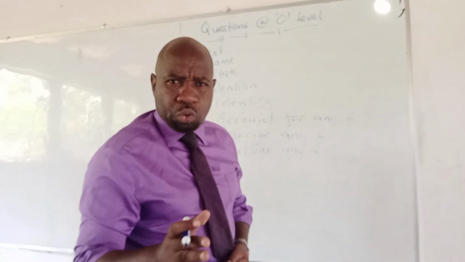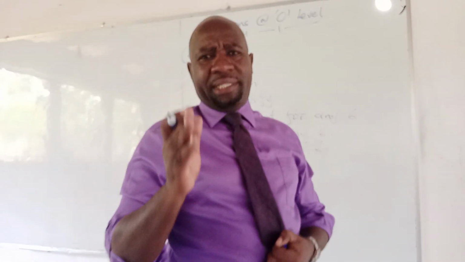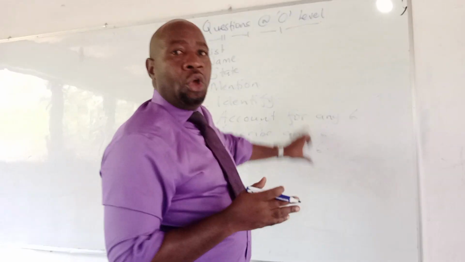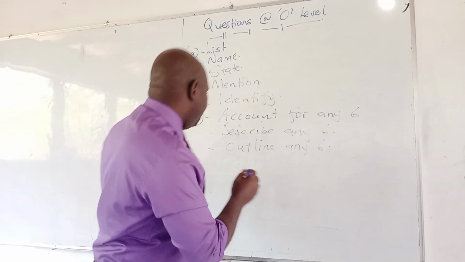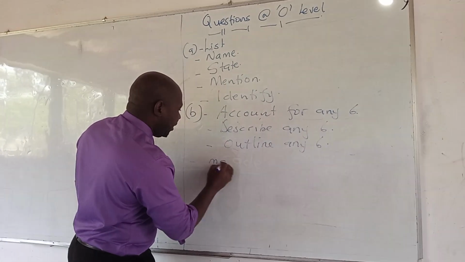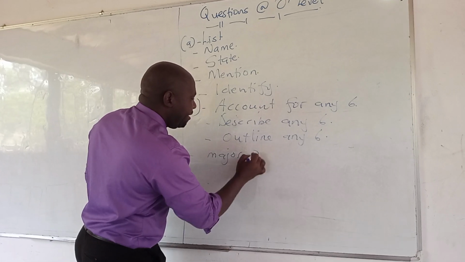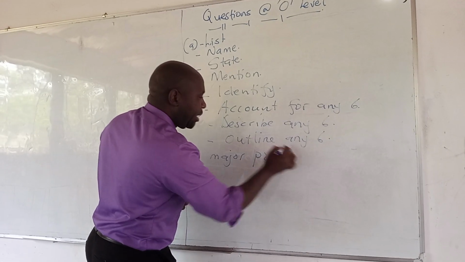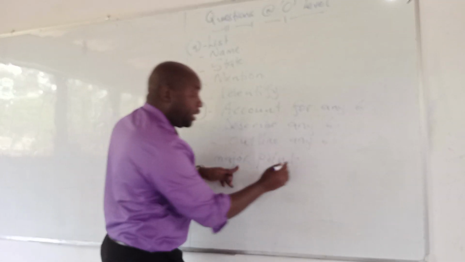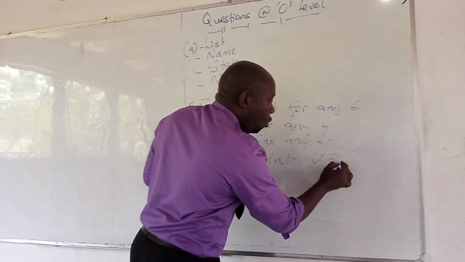So you give an account, you describe, or you outline. What are you supposed to do when you answer part B with such a question? You are supposed to give a major point, and your major point becomes your B1.